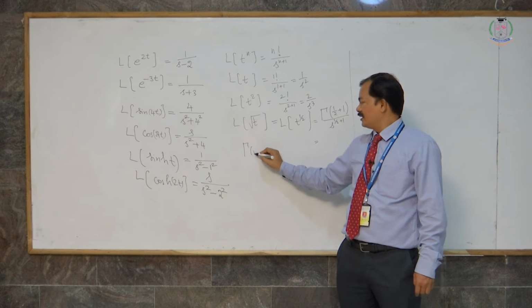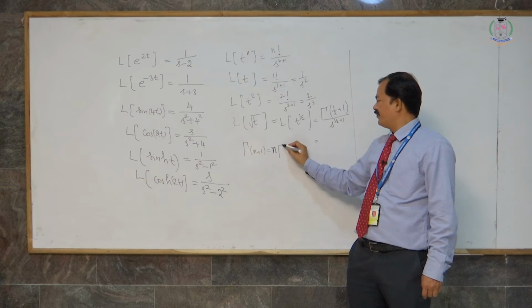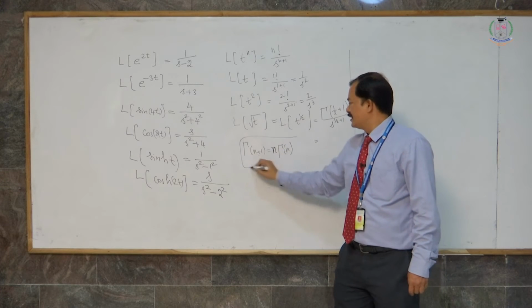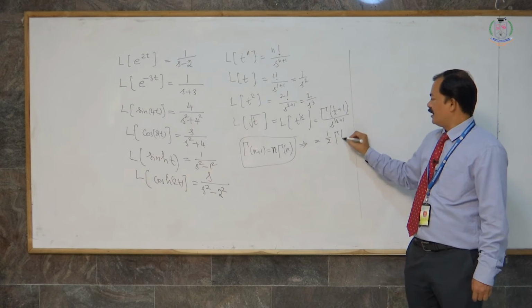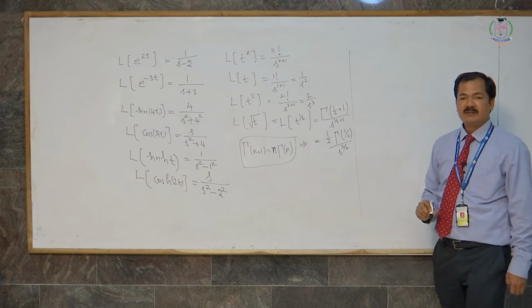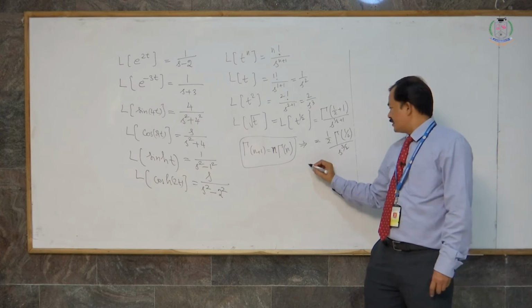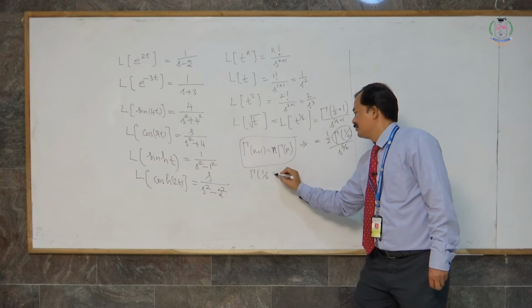By using this formula, this can be rewritten as half into gamma of half upon s to the power 1 plus half, that is 3 over 2. So, gamma of half value we know, it is equal to root pi.